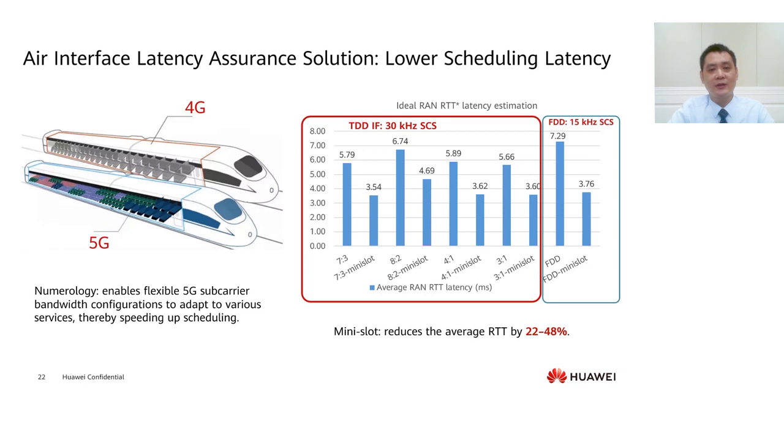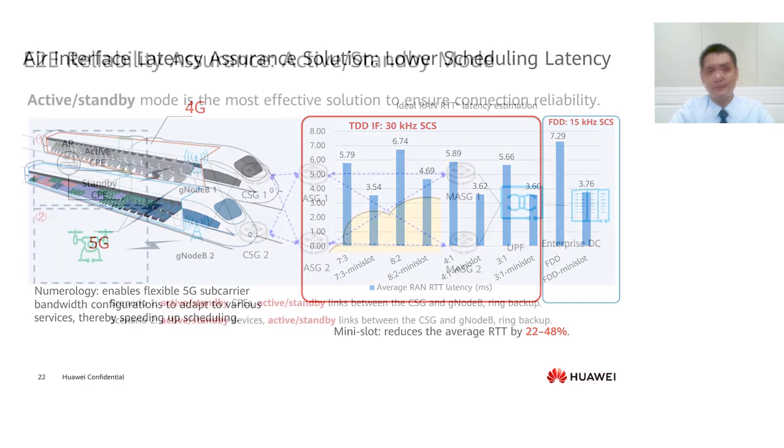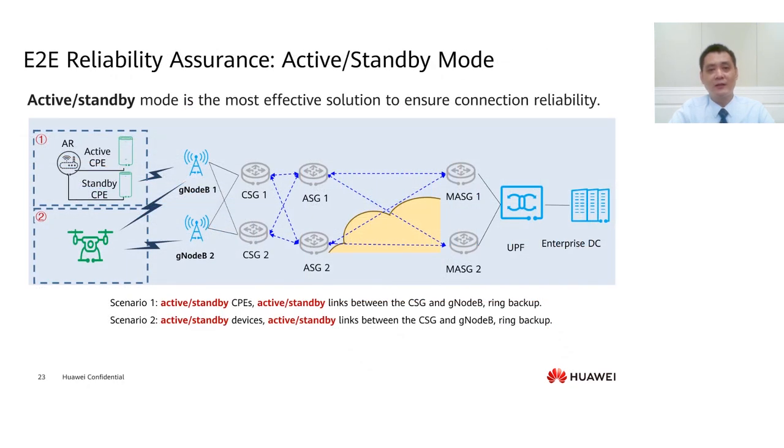A larger SCS results in a shorter slot and a lower latency. In addition, the mini-slot feature can be used to reduce the RTT. In terms of latency, architecture optimization and air interface solutions can be used. As for reliability, the active standby mode is supported.